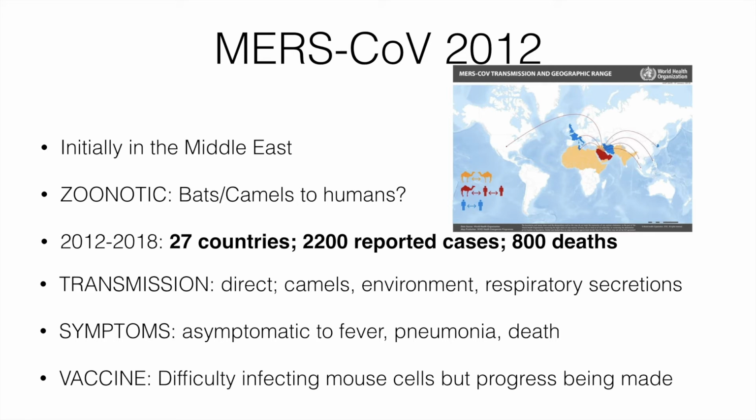And as a side note, the S protein from the SARS coronavirus and COVID-19 does not bind to DPP4 as the MERS coronavirus does. Those two viruses, COVID-19 and SARS coronavirus, both bind to the angiotensin converting enzyme 2 receptor, also known as ACE2. And there are differences with the mouse DPP4, making it a little bit difficult for them to move forward with vaccine development. However, progress is currently being made.